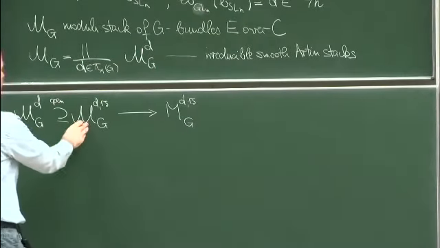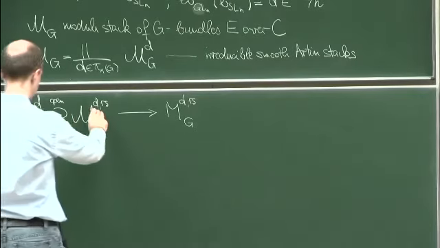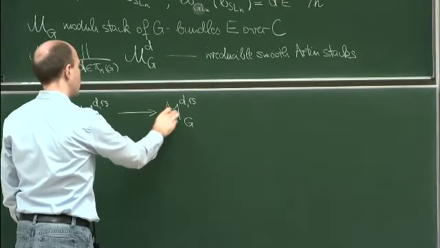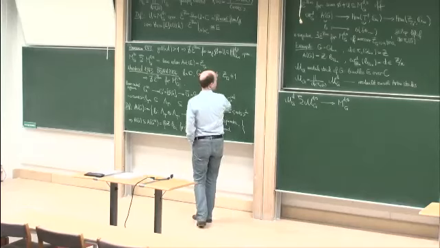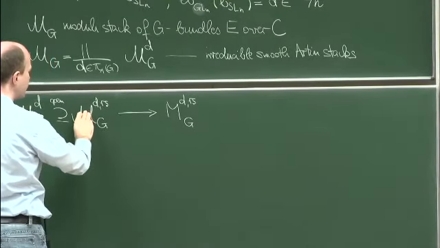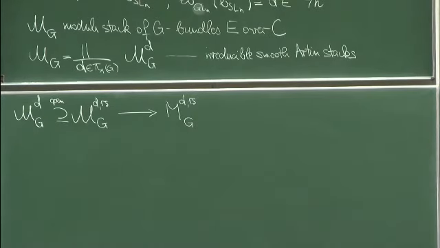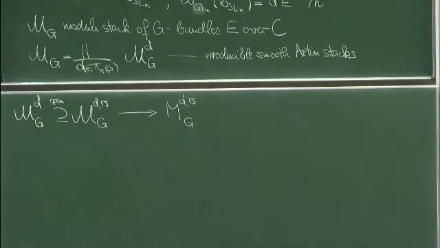So this sends every bundle to its isomorphism class as a point in the moduli space. And precisely because I restricted myself to the locus where the automorphism group is just the center, the fibers here are all isomorphic to the classifying stack of this. So the difference between the two is only the fact that here we are also taking into account that these objects have Z_G automorphisms, what we have forgotten here, but otherwise this is a fibration.